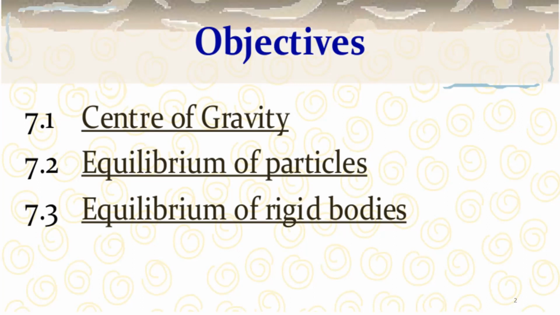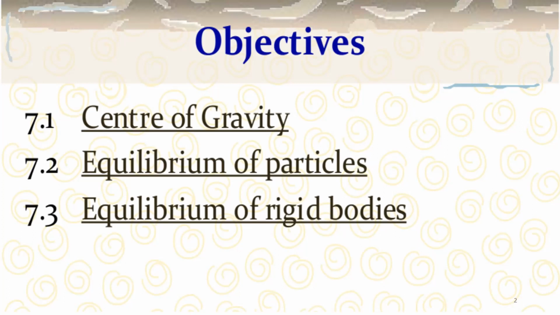Then we have 7.2, equilibrium of particle. So how a system, which can refer to a body, a mass, or a point, a particle, can be in equilibrium. And finally, equilibrium of a rigid body. So we are referring to a particular object.